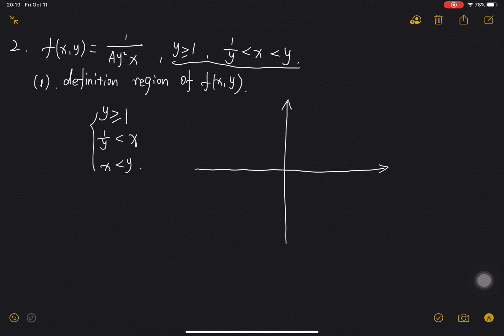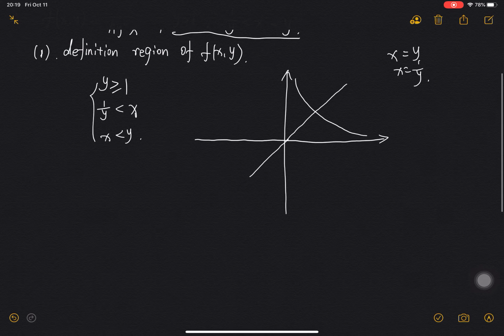First, we need the figure of these two functions. First is x equals y, and the second is x equals 1 over y. This is x equals 1 over y, right? And this one is x equals y. And this intersected point is y equals 1 and x equals 1.